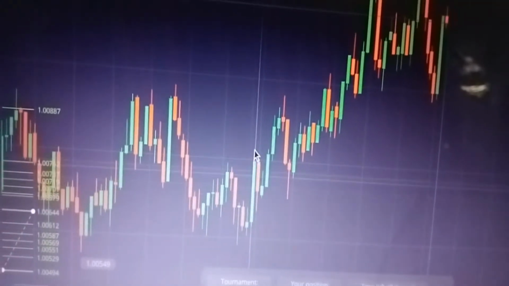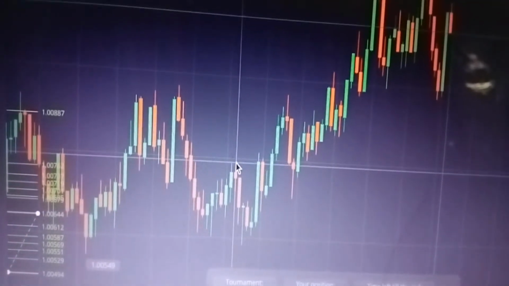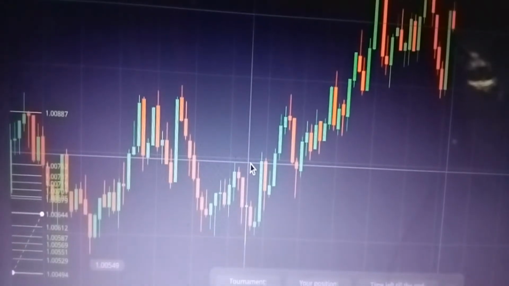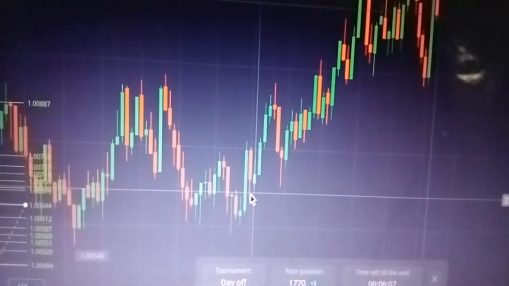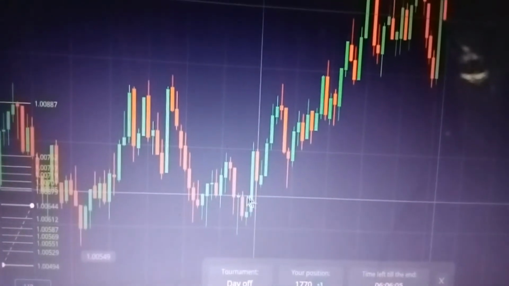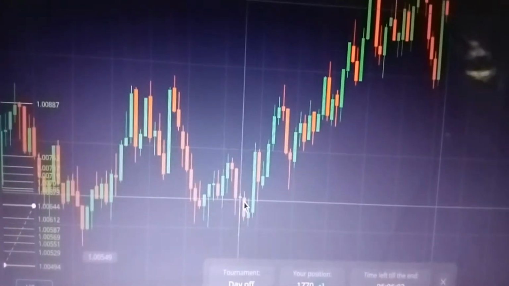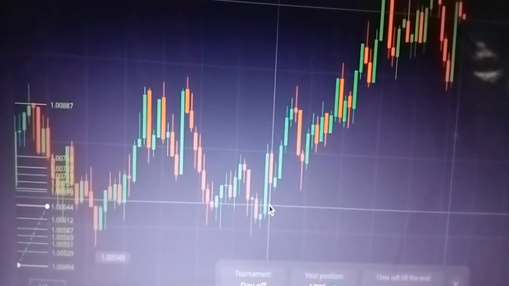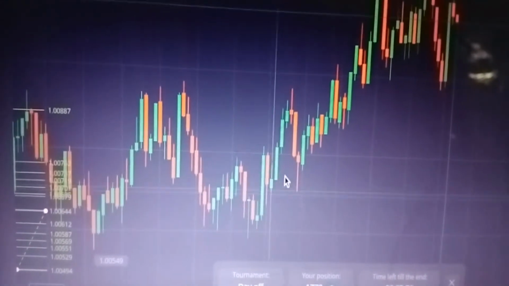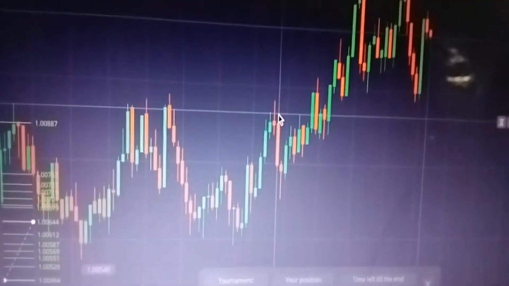What happened here? We broke that high and then supported. Then here touched this order block, but there was no actual gap, just the order block was hit, and then price started pumping to the upside, right?